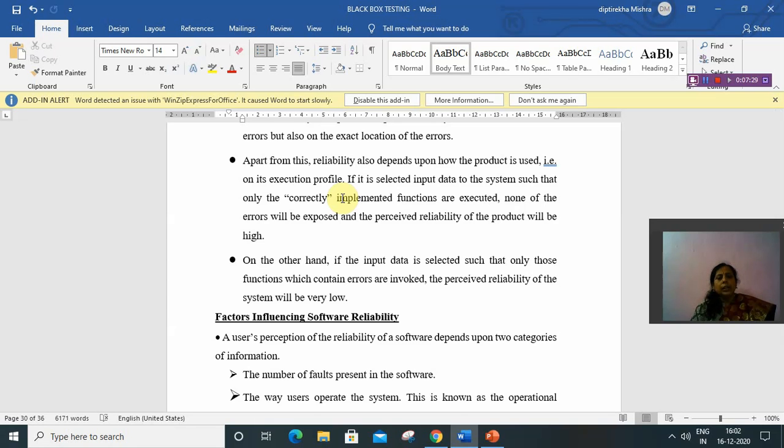On the other hand, if the input data is selected such that only the functions which contain errors are executed, then the reliability of the system will be very low.